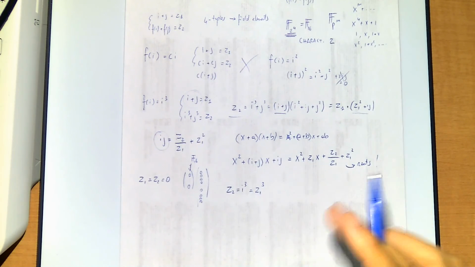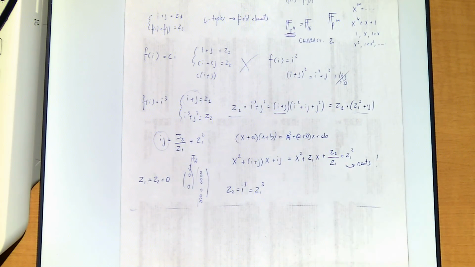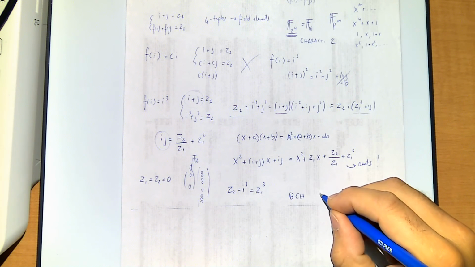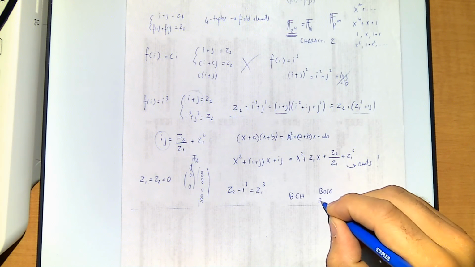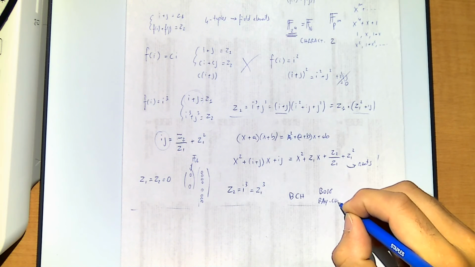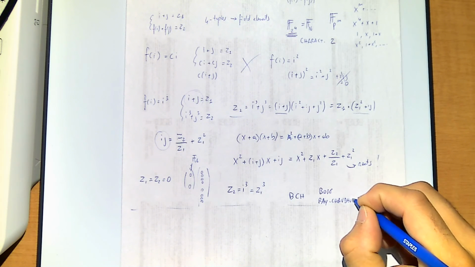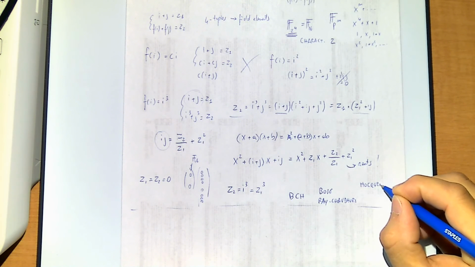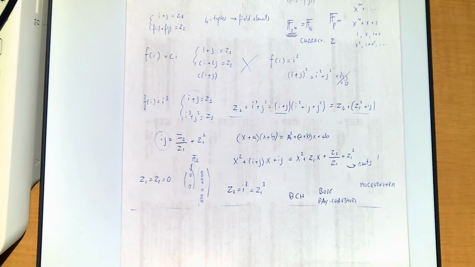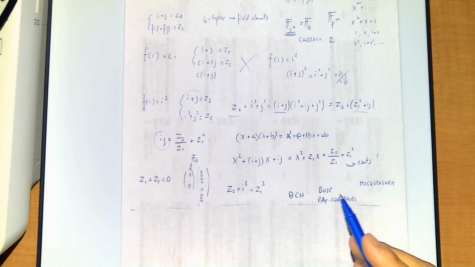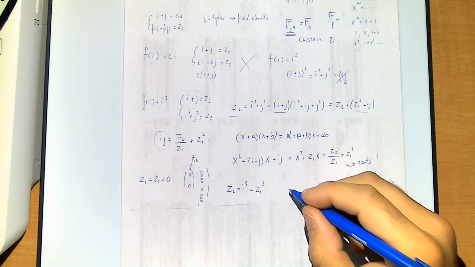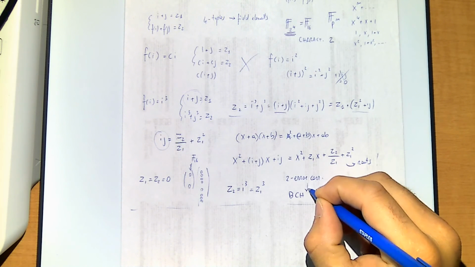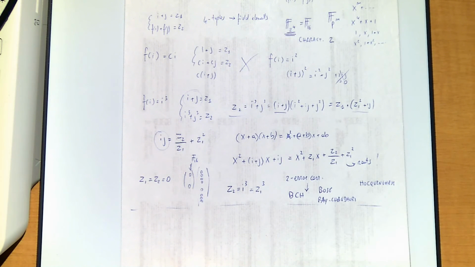So essentially, how can I decode these kind of codes, which are called BCH for Bose, Ray-Chaudhuri, and Hocquenghem, I hope I spelled it correctly. This is a type of 2-error correcting BCH code.